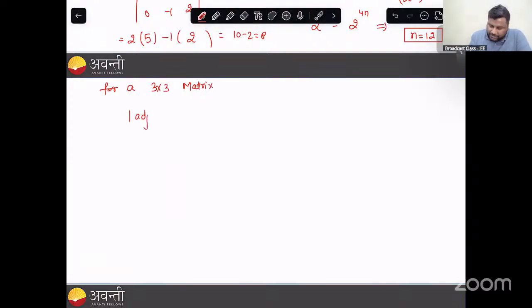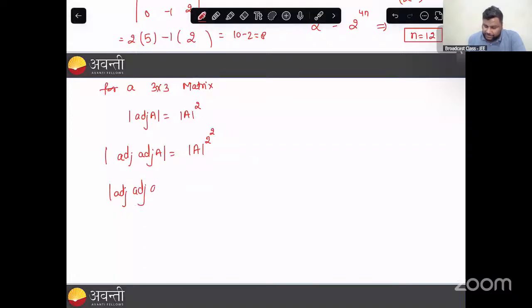Determinant of adjoint A is determinant of A square. Determinant of adjoint adjoint A is determinant of A to the power 2 to power 2. Determinant of adjoint adjoint adjoint A is determinant of A to the power 2 to the power 3.